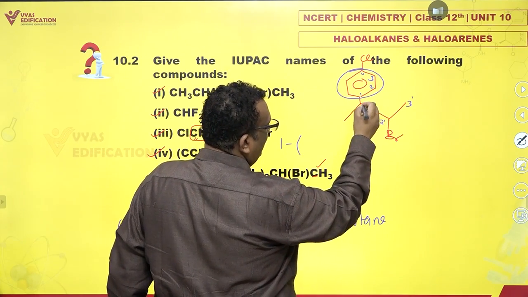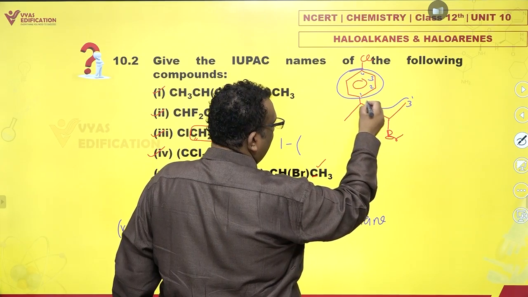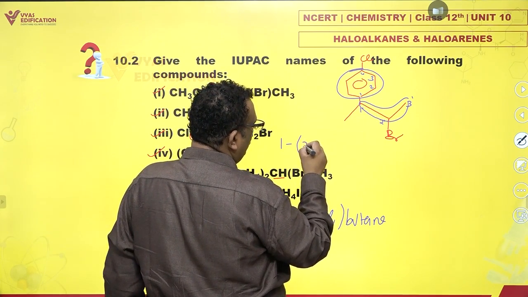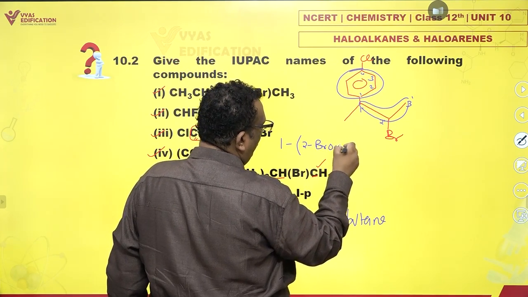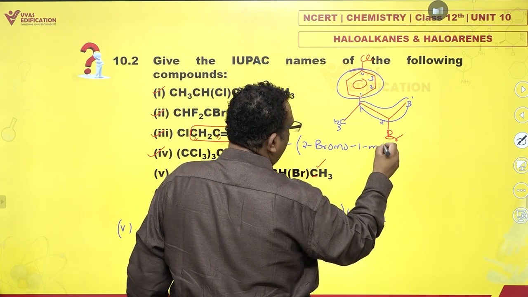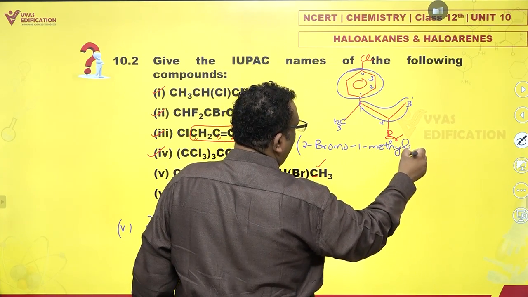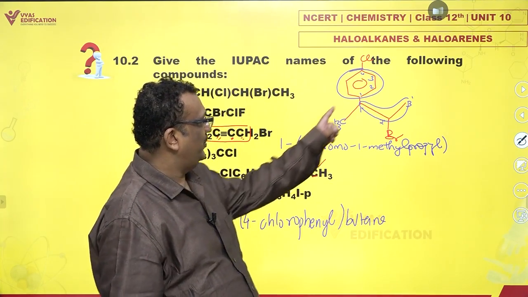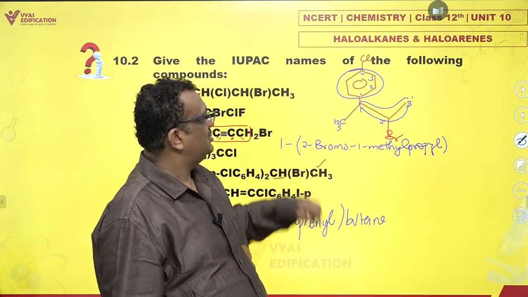Which group do I have? This is the side chain. So 2-bromo 1-methyl propyl. Oh my God, this would become the side chain, such a huge one.